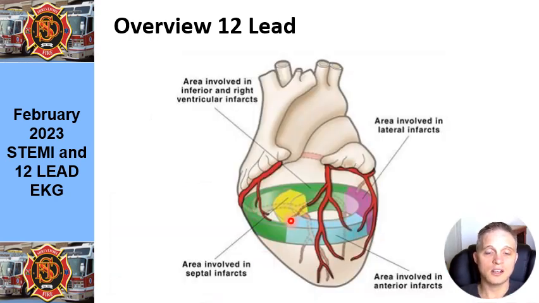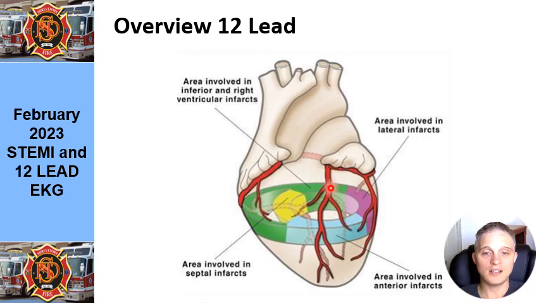Here's that next picture that I was showing you about, and we look over here. This green area is involved in the inferior and right ventricular infarcts, and then your yellow area is the septal infarct, because this is where the septum is. The left ventricle is much bigger than the right ventricle, but look how much is affected from this inferior wall MI, from the right coronary artery and its branches.